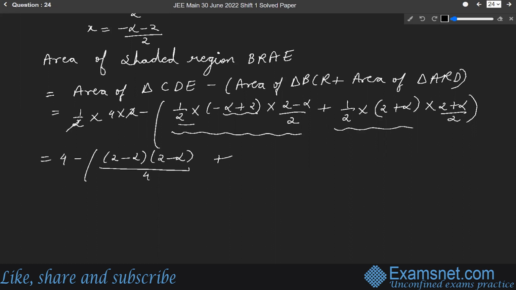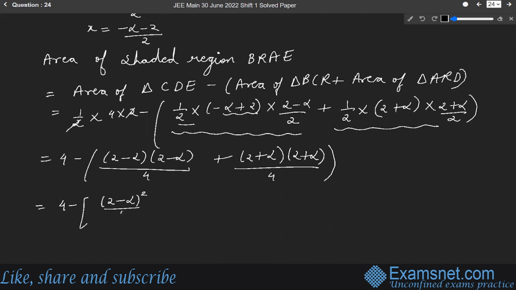If we talk about this part, again the denominator is 2 into 2, 4. What is numerator? 2 plus alpha into 2 plus alpha, right? Again 4 minus 2 minus alpha into 2 minus alpha can be written as (2 minus alpha) square divided by 4 plus 2 plus alpha into 2 plus alpha can be written as (2 plus alpha) square divided by 4, right?